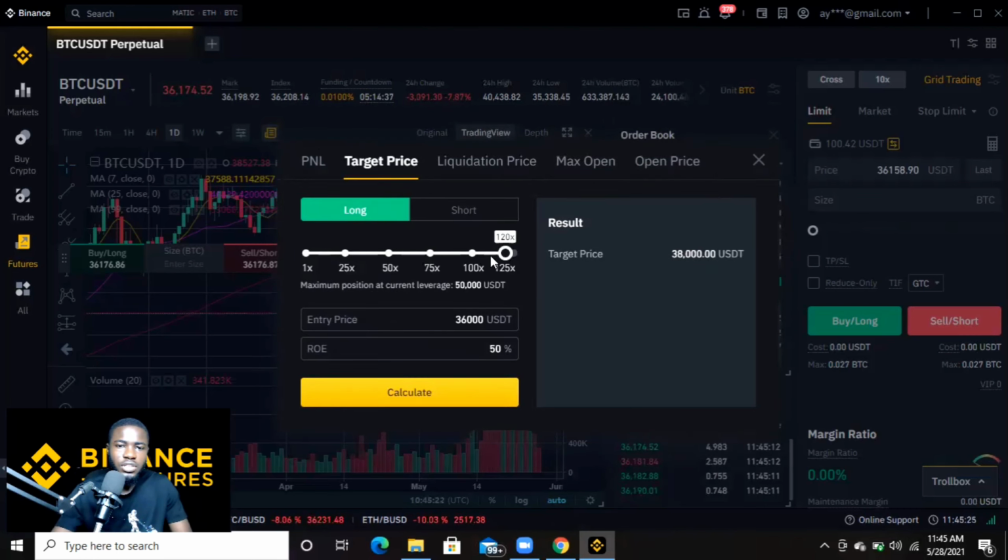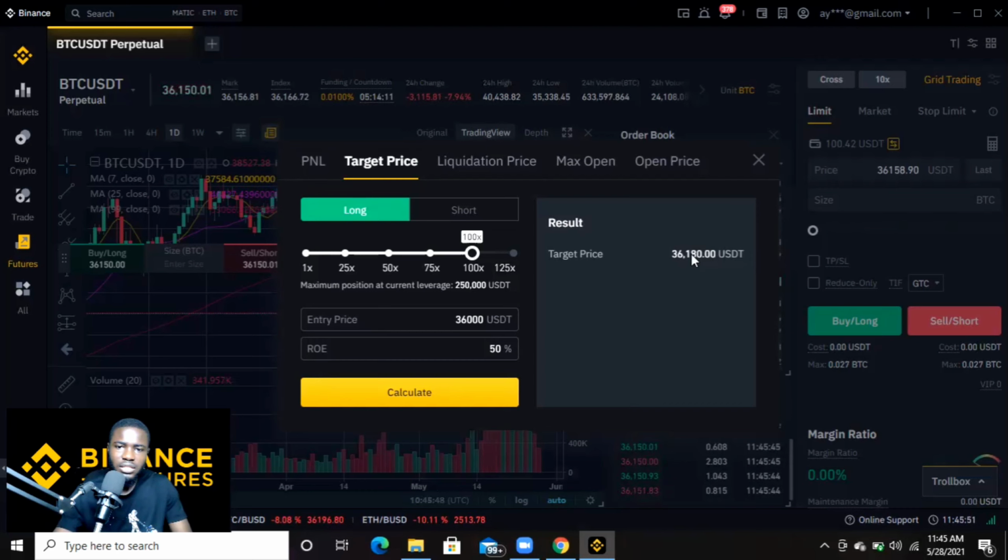Now the leverage is also very important here. Let's say I'm using 100 times leverage, for example, and I calculate that. You can see that the target price is much lower, but like I said, the higher your leverage, the higher your risk, right? So the price which BTC has to get to for me to make 50% ROI is much lower.